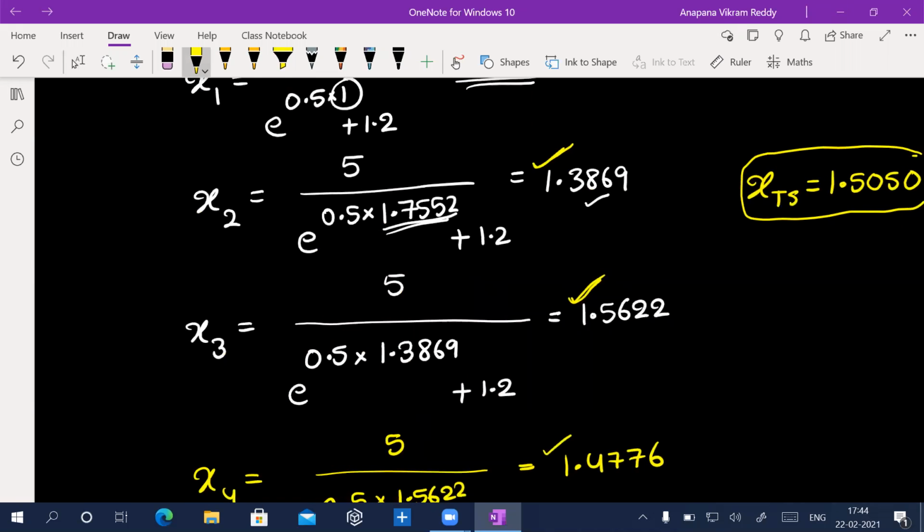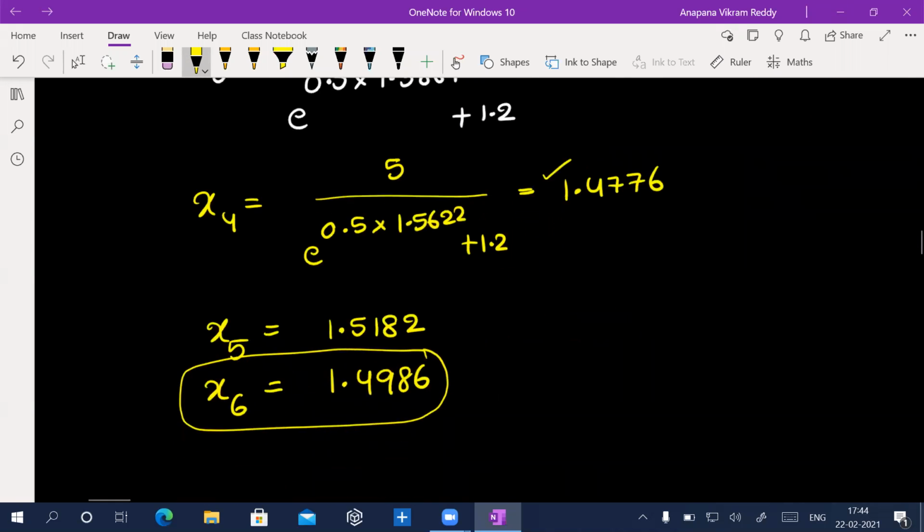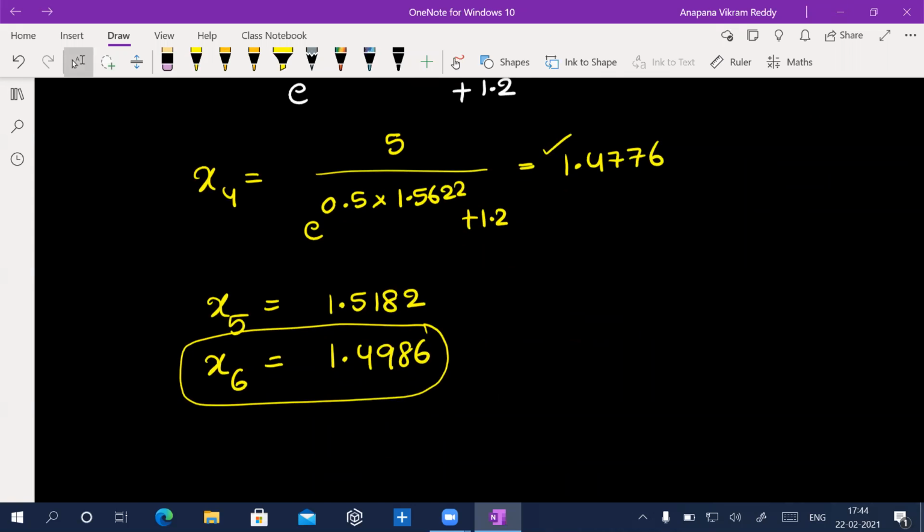So 1.5050, I have 1.4986. So I can approximate. Numerical solutions cannot always be exact. Analytical solutions are exact, numerical solutions are always approximate, yes or not? So I have here 1.4986.